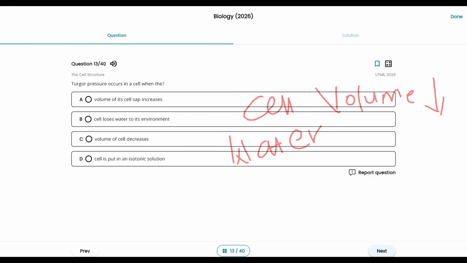Let's look at option D. Cell is put in an isotonic solution.